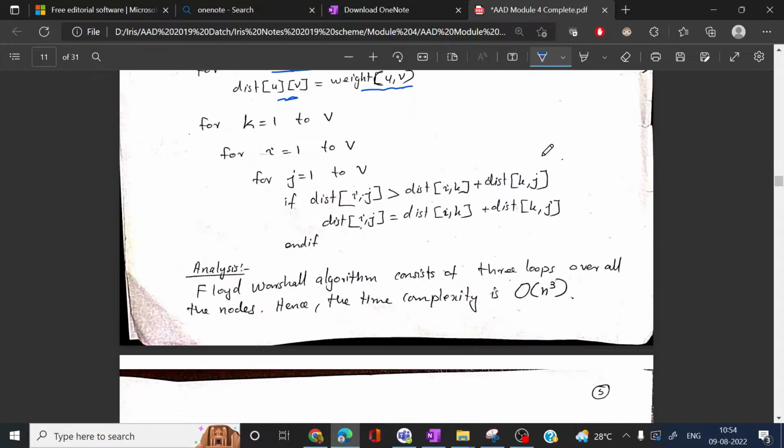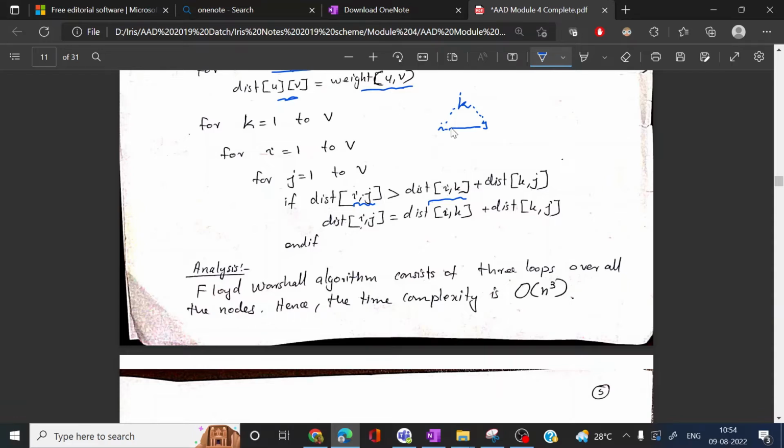Then we have to compare the current i to j distance. If there is a path or edge from i to j, it is compared with the distance through an intermediate node, for example k, that is i to k, then k to j. Whichever is lesser, we have to compare.